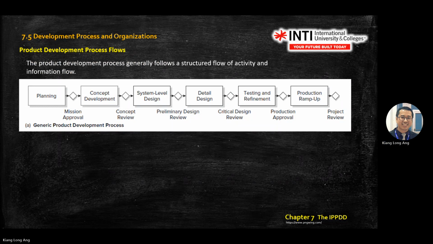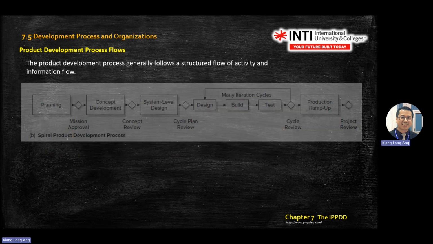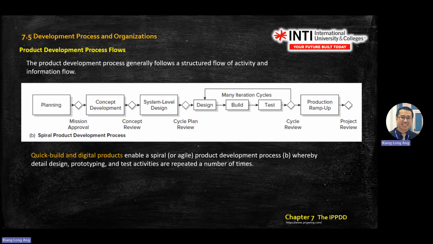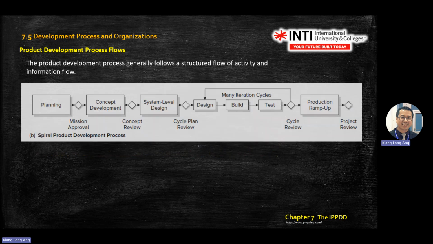Okay. Product development flowchart. This is a generic product development process with six steps. This one you read now. You have two types. One is generic products. One is spiral product development process.